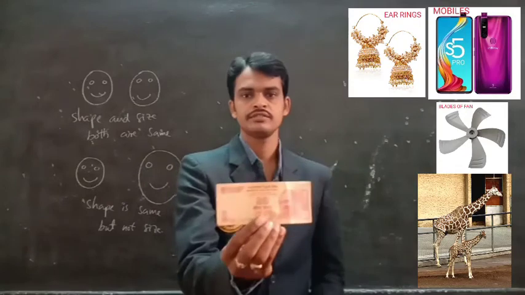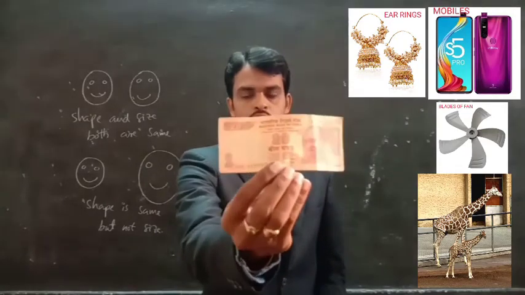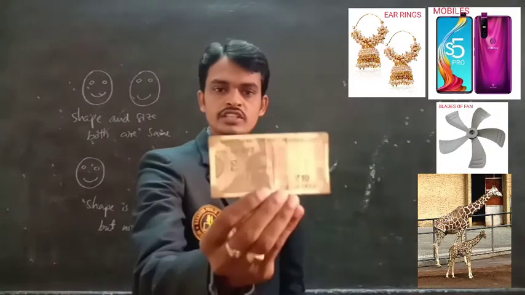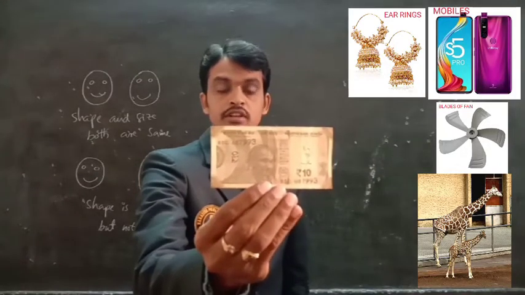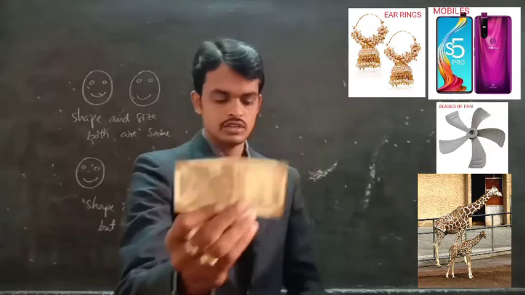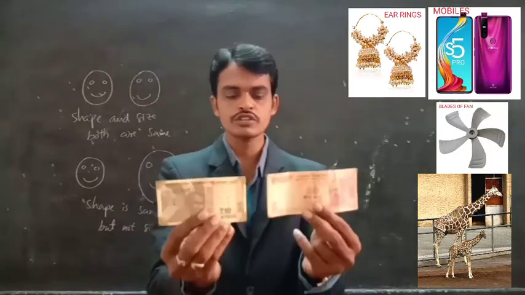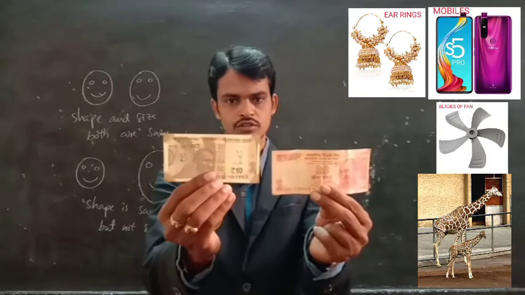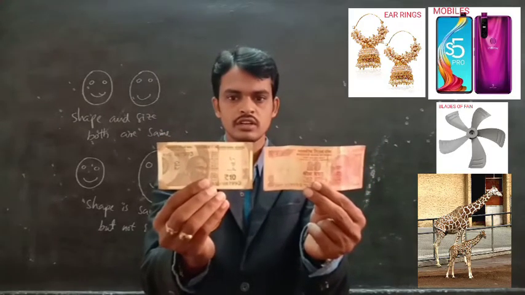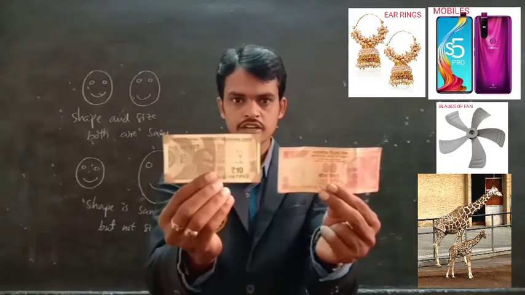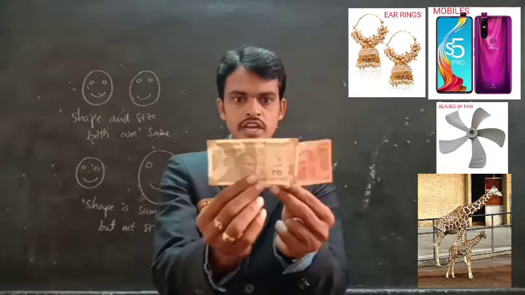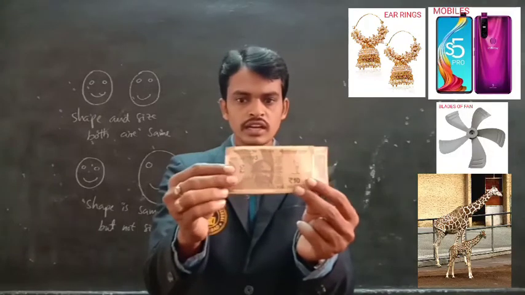What is this? A 20 rupees note. And what is this? A 10 rupees note. Observe these notes. This is in a rectangular shape, this is also a rectangular shape. The shape is the same, but are the sizes the same?